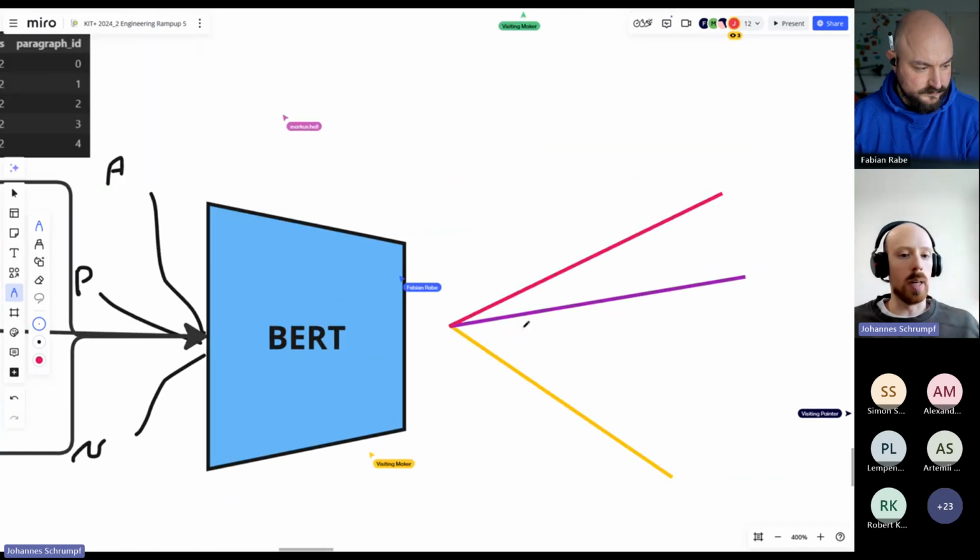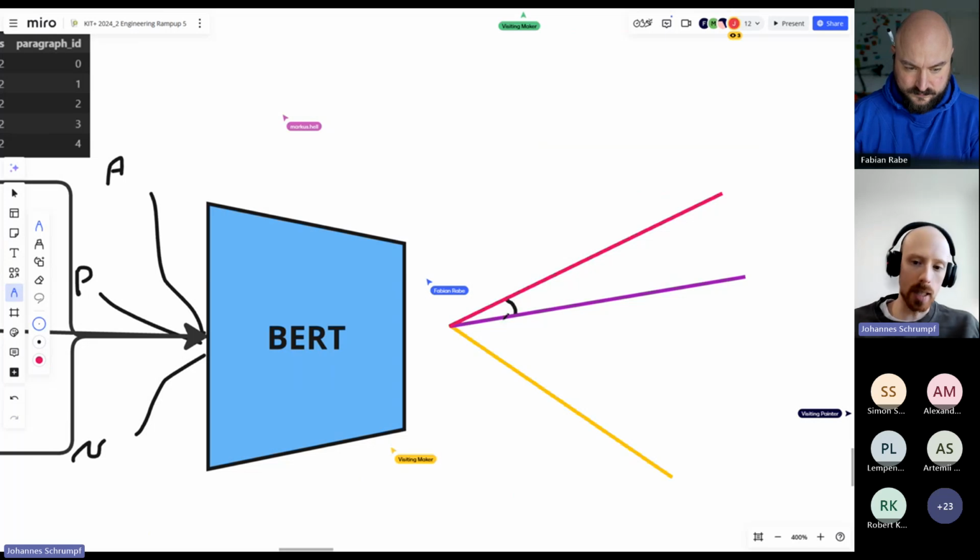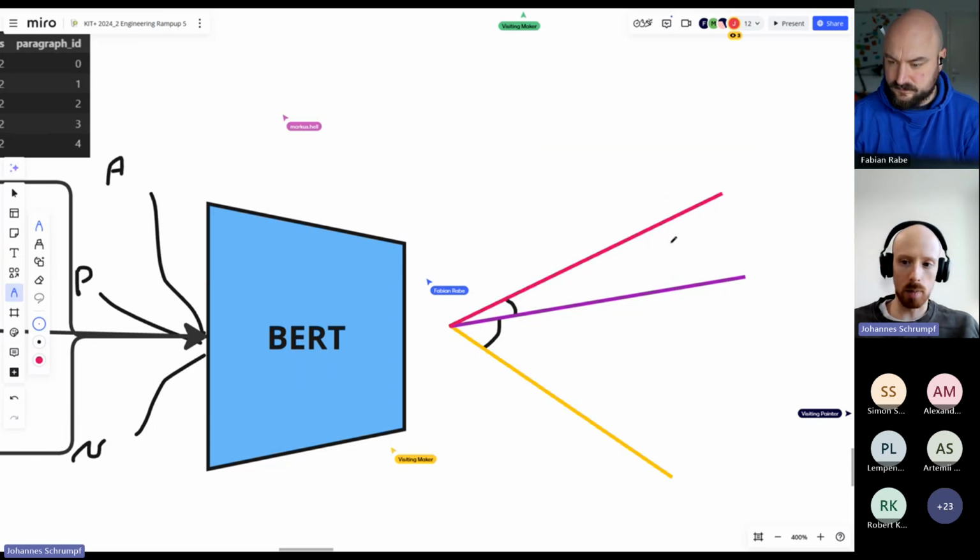And then we can do a simple distance calculation between the vectors. For example, we could do again like calculate the angle with a cosine similarity function, for example. And then we can compare these two distances with one another. Like we can compute the distance between these and the distance between these two vectors.